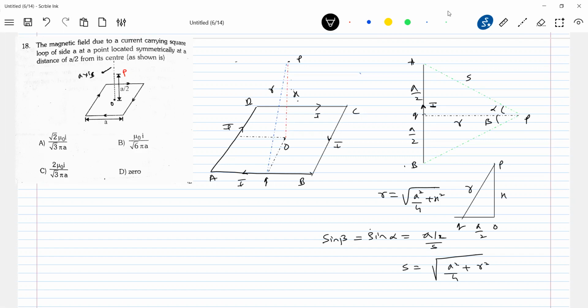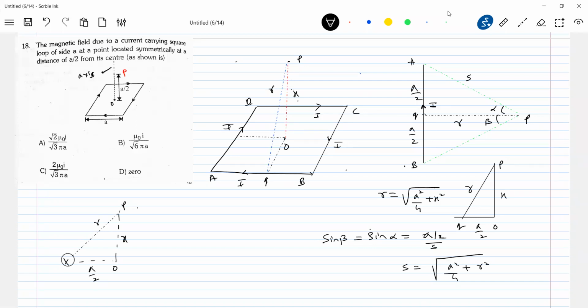No? So suppose you take this as the wire. This one, and the point P will come somewhere like this. I'm asking you, you stand here. So this will be the point P. This is R. This is O. So this will be A by 2.